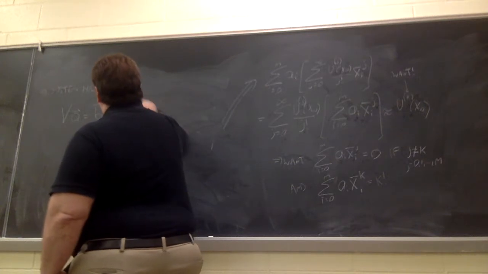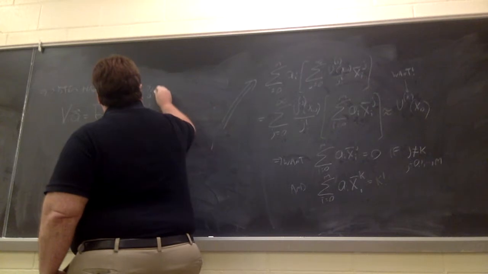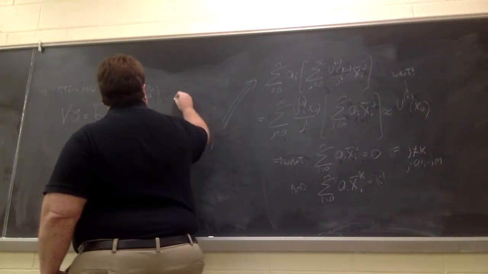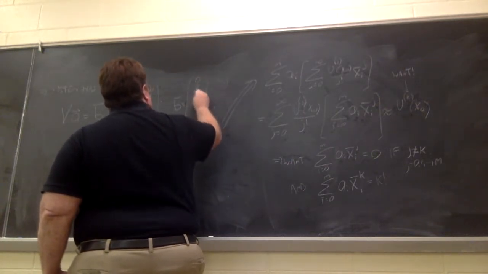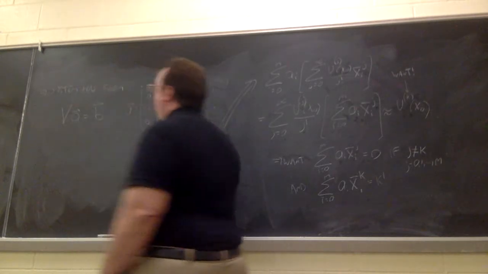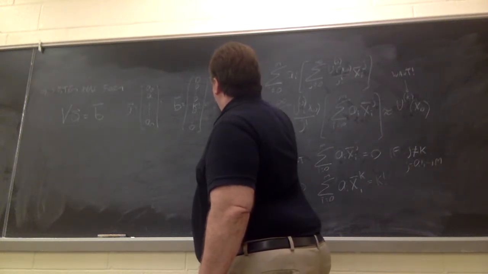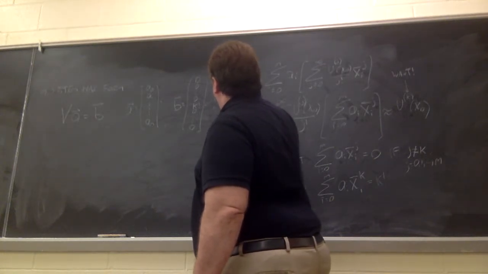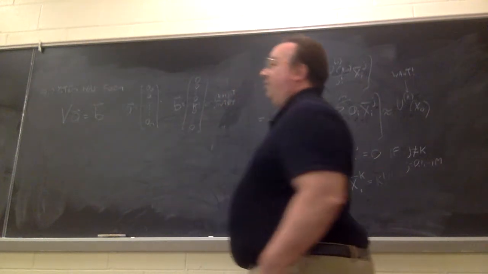A is just a vector of our unknown coefficients. B is a vector of all zeros except for one element, so entry k plus 1 has to be equal to k factorial.